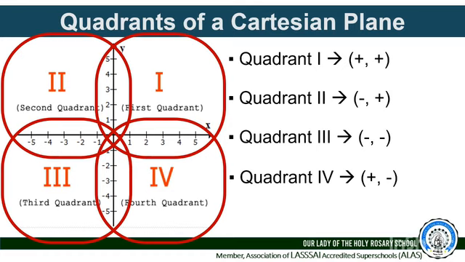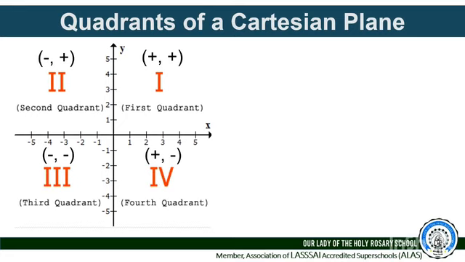Now, let's have an example in identifying the quadrant. Again, let's recall, quadrant 1 must have 2 positive coordinates. Quadrant 2, it must be negative first and then positive. Quadrant 3, both negative. Quadrant 4, positive, negative. Please take note of that. Now, let's have an example.